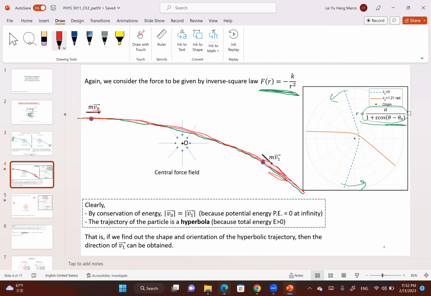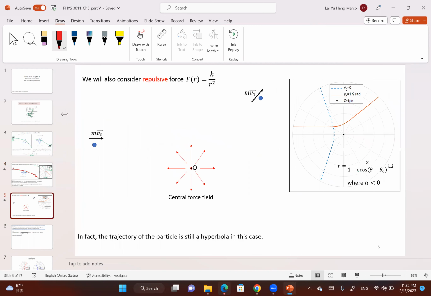So now let's also talk about the repulsive case. Before doing any calculation, we know that this time as the particle comes in, it won't bend towards the direction of the central force field. Instead, it will be repelled like this.